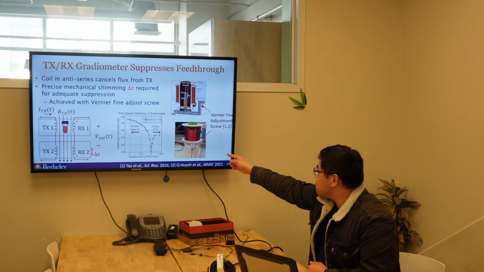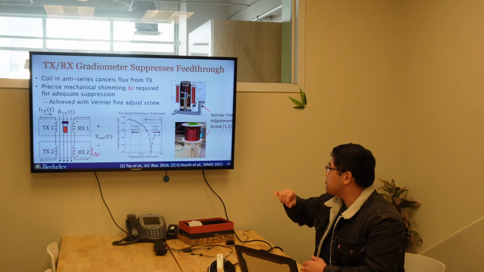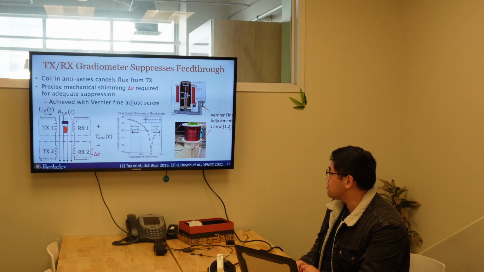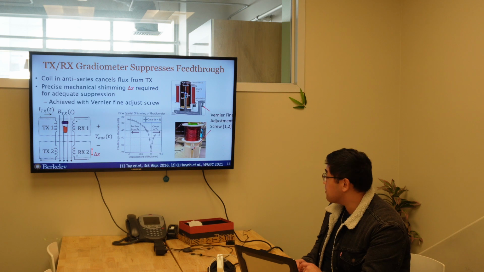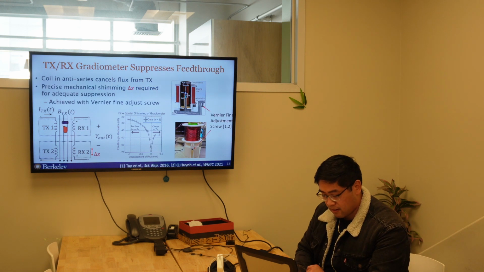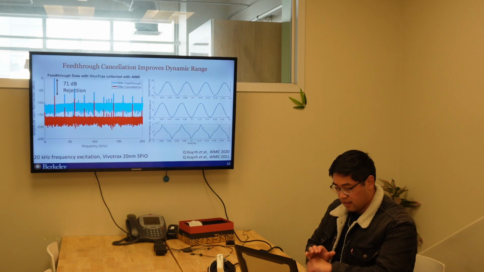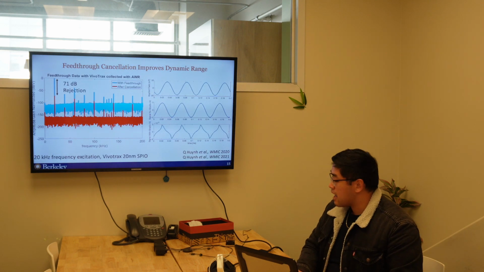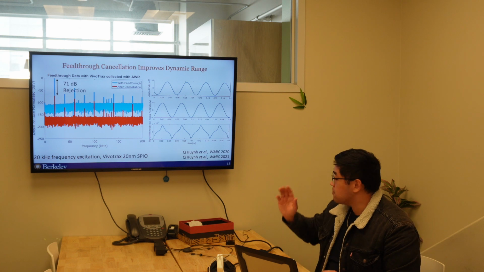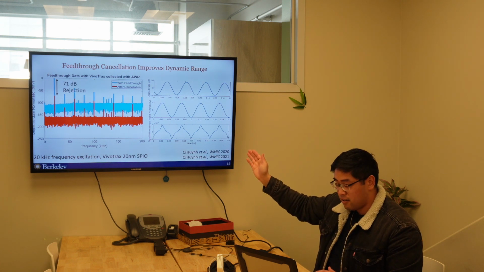And you can see that as we get closer and closer to a true symmetric alignment of our two cancellation coils, we were able to reduce the effective feed-through by 7 orders of magnitude. So with the cancellation coil, I was able to achieve up to 70 dB rejection.